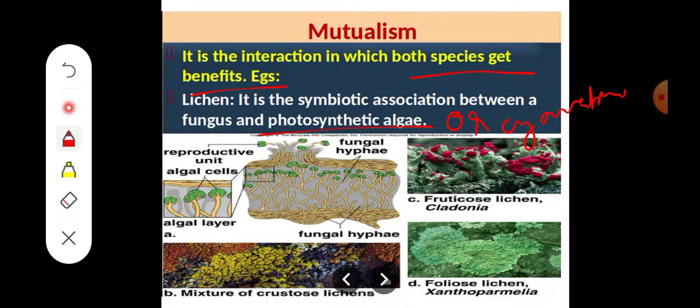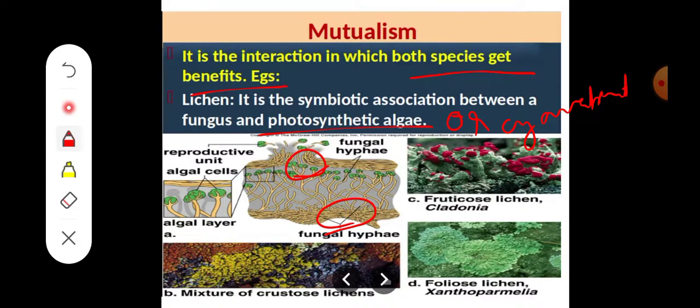Okay, clear. So similarly, the mycorrhizae are associations between fungi and the roots of higher plants. So in lichens, you can see the fungal hyphae here, and along with it you can see the green structures, which are algae.